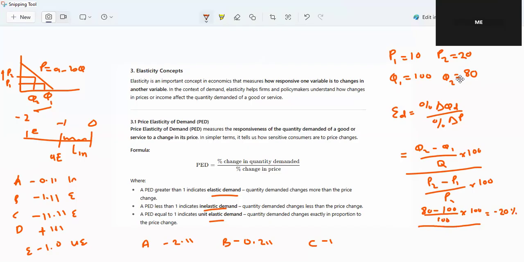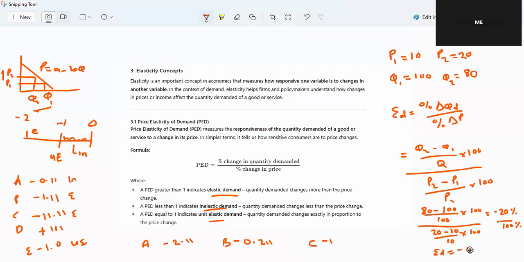Percentage change in price, P2 minus P1 over P1. So 20 minus 10 over 10 times 100. So this one will give you 100%. The percent will cancel. Negative 20 divided by 100 is negative 0.2.